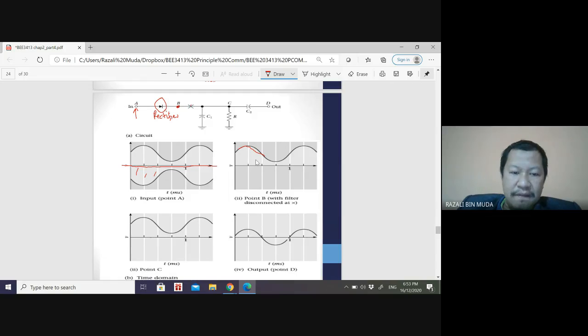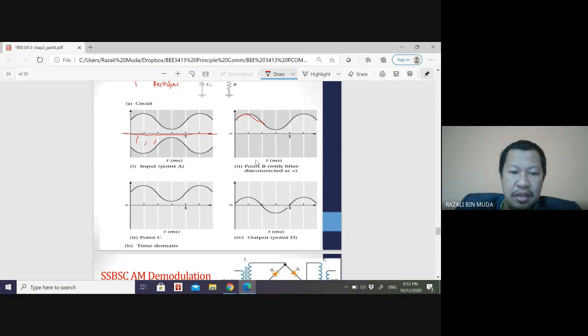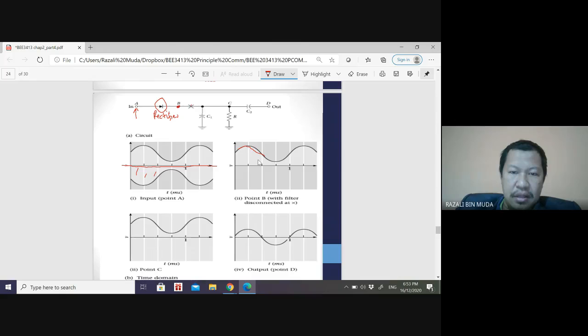Then at point C, you have this signal, the low frequency signal, after the high frequency has been removed.